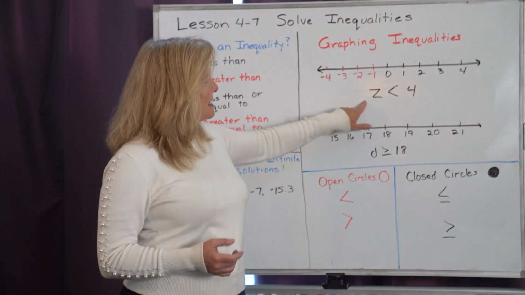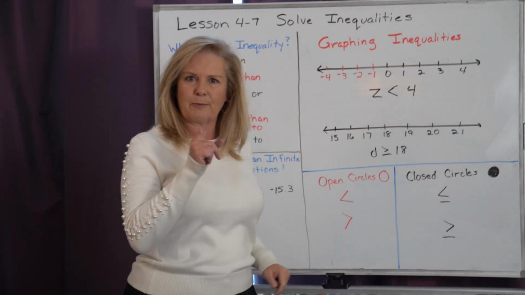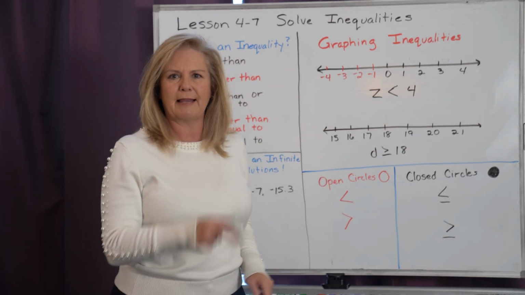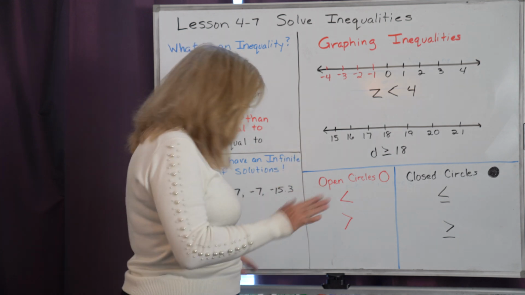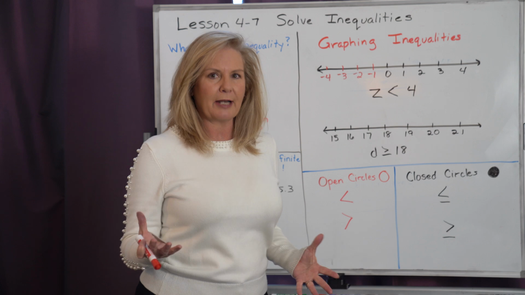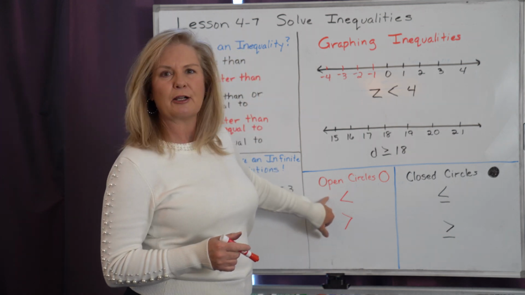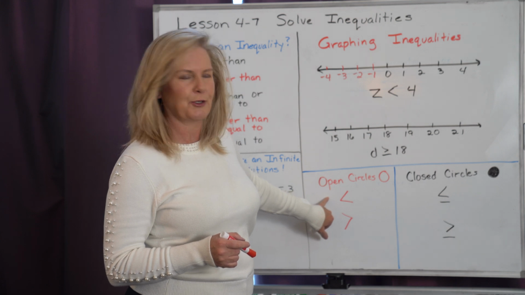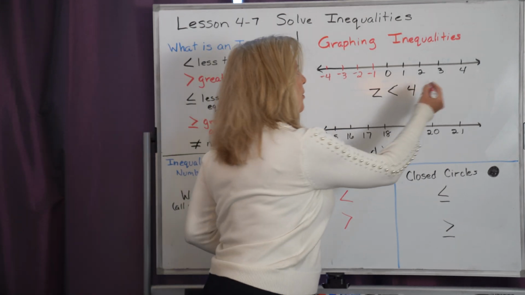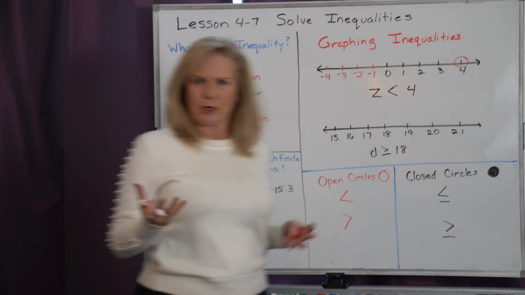And if we have this inequality and it's z is less than 4, remember it's all numbers less than 4. Well, I don't want 4 as part of my solution, but I want all the other numbers that are less than 4. So what we do is we do something called using an open circle. And I'm going to go to 4 and I'm going to make literally a circle, and it's just open.